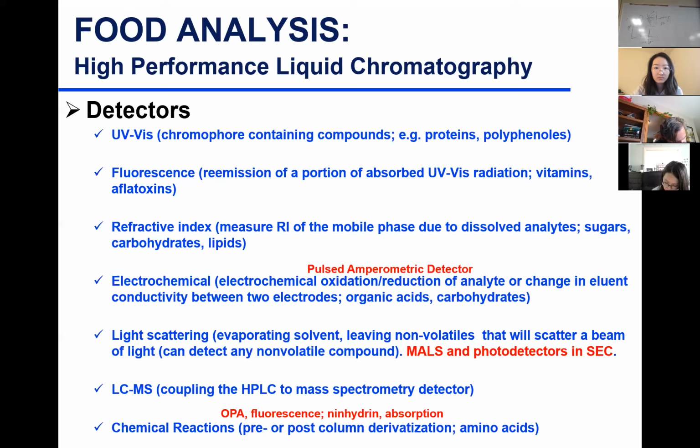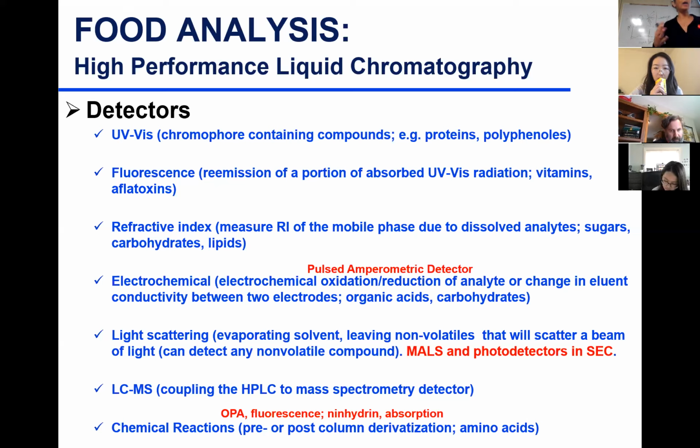Light scattering detector is mostly called a universal detector. So it can detect anything. The way it works, you have your solute in the solvent, and when it gets to the detector, the solvent is evaporated, and what is left is your constituent. And the constituent is going to scatter the light, hence the light scattering.